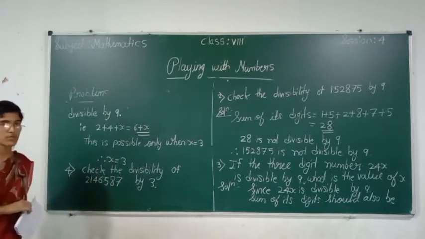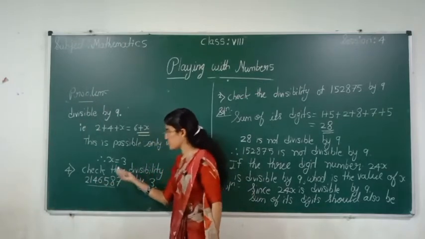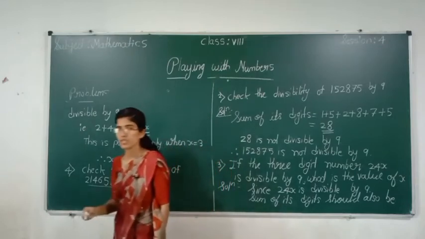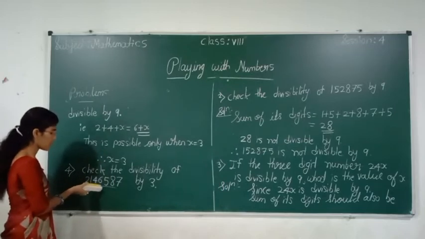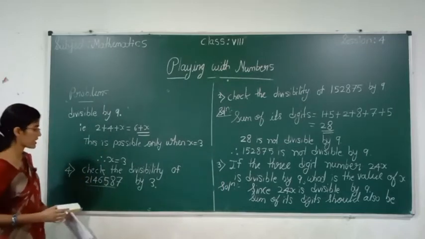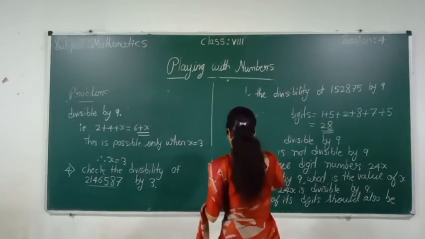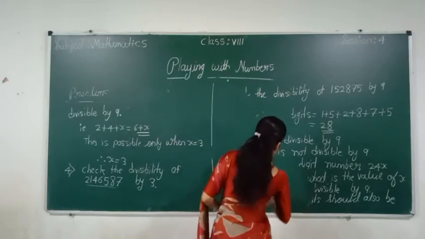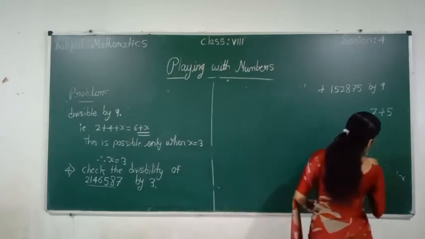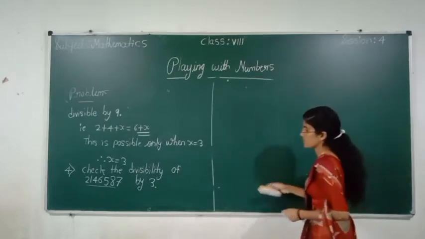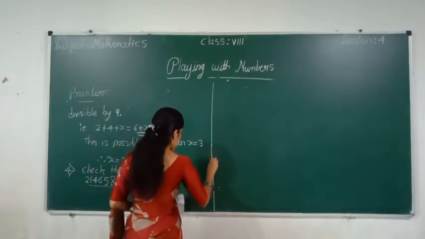In last class we learned that if the sum of the digits is divisible by 3, then the whole number is divisible by 3. Now we will do the sum of the digits. Add and check, students, whether that number is divisible by 3 or not.